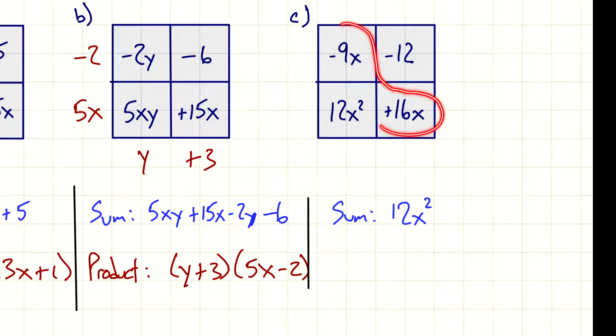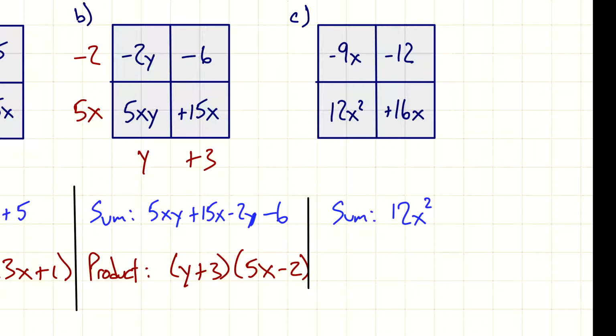But here we have, I notice I have a positive 16x and a negative 9x. So be careful here. If you can't do it in your head, definitely just use a calculator, make it easier. We are looking at 16 minus 9, right? 16 minus 9. So if you're not sure what that is, definitely type that into the calculator.